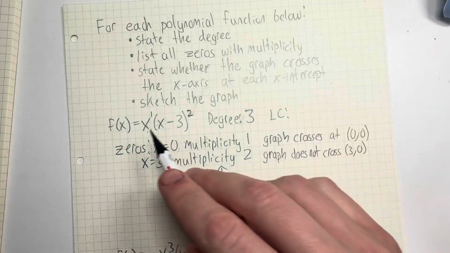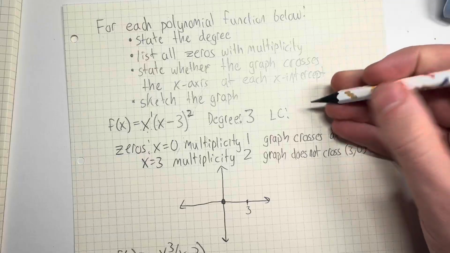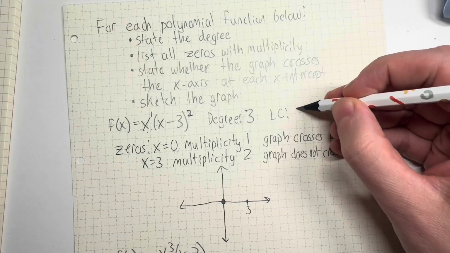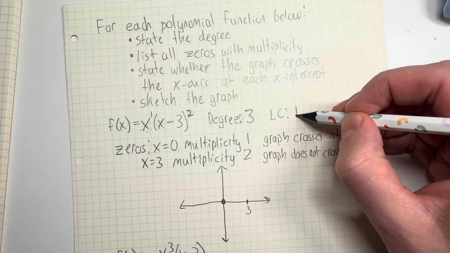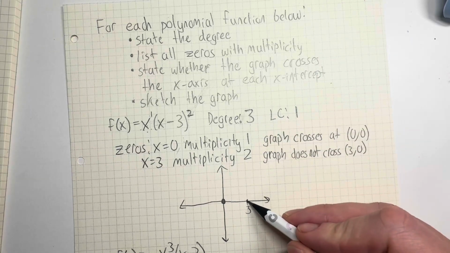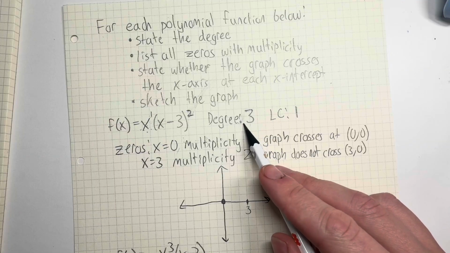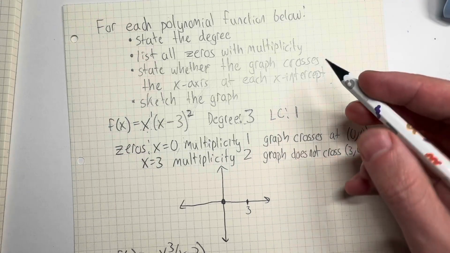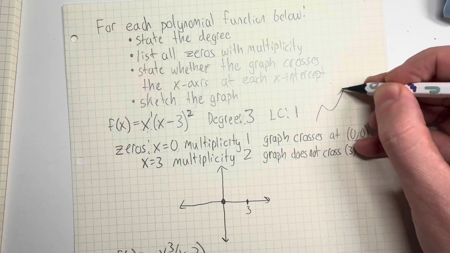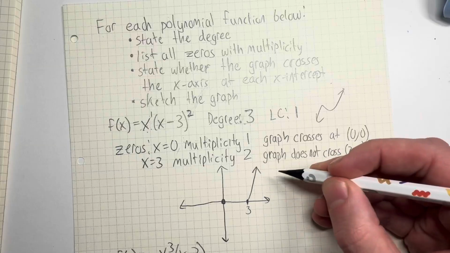So let's take a look and notice that the leading coefficient is 1. So we've got an odd degree, positive lead coefficient. So after this 0, the function is going to go to infinity because odd degree positive lead coefficient looks like this. So we're going to go up here.